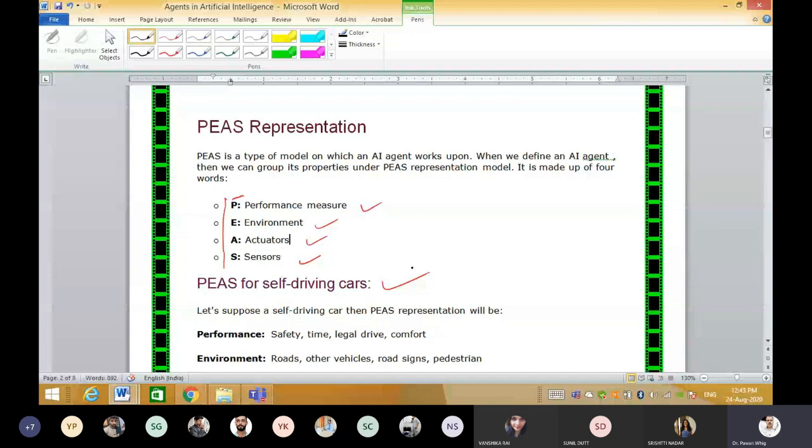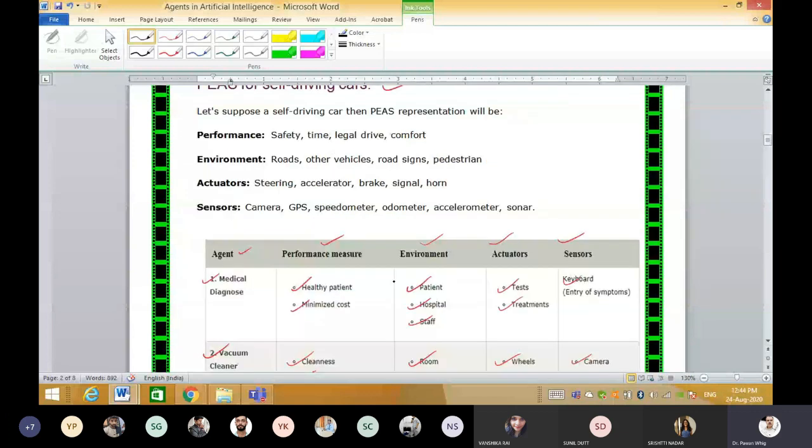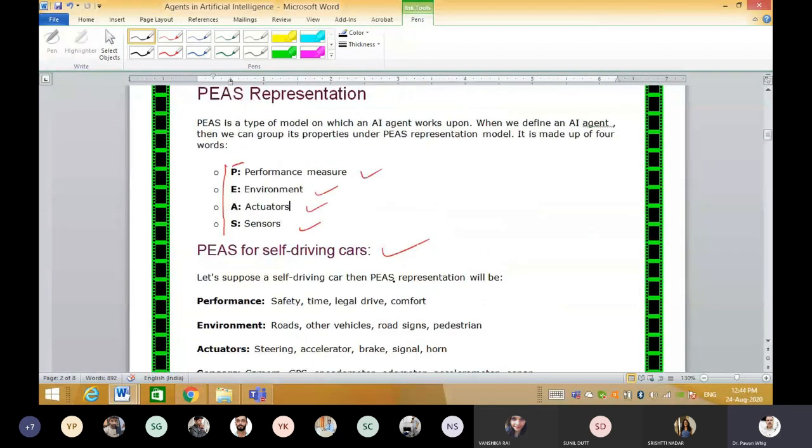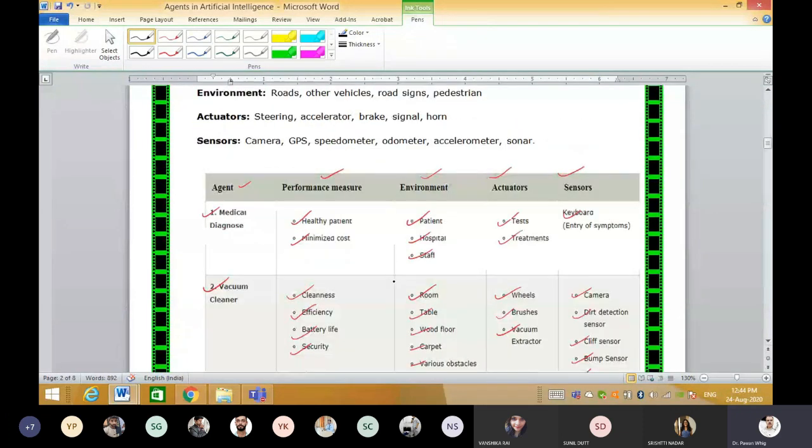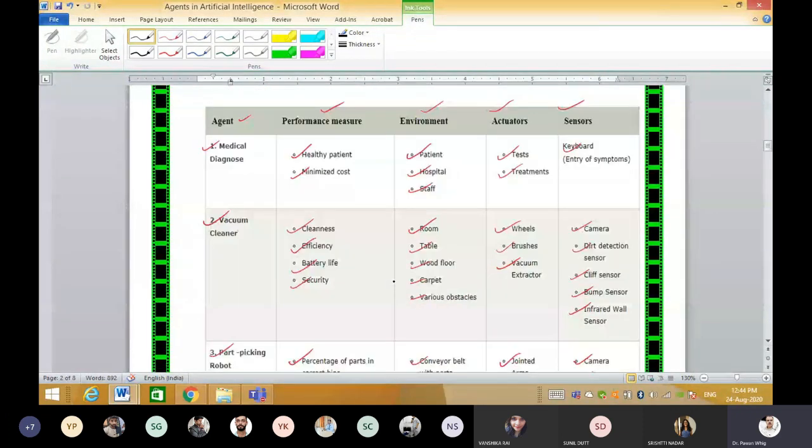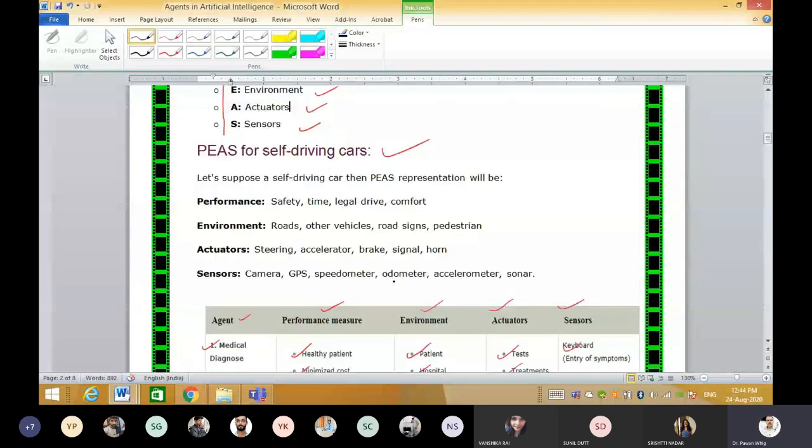Also add inside this: write the PEAS representation for self-driving cars.